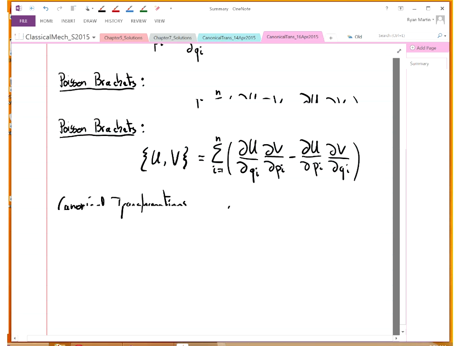What I really mean there is that if you have an initial coordinate system, lowercase q and p, then you have a Hamiltonian of q_i and p_i, and potentially t.